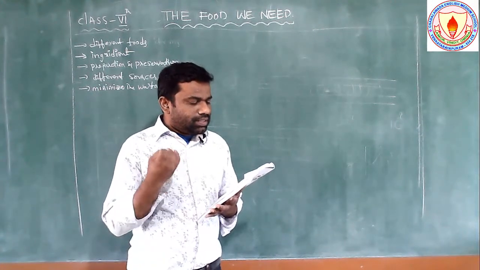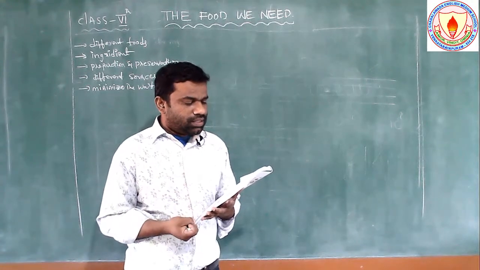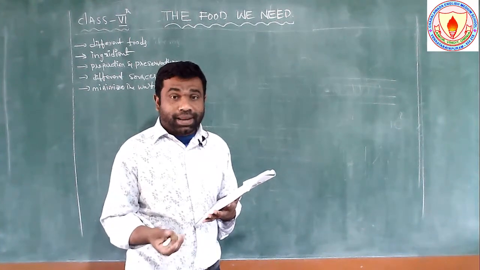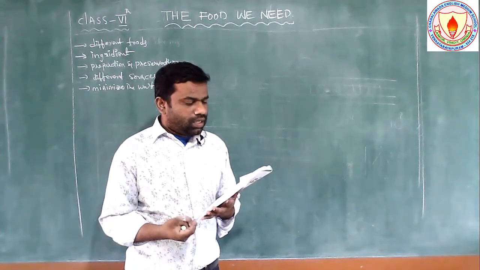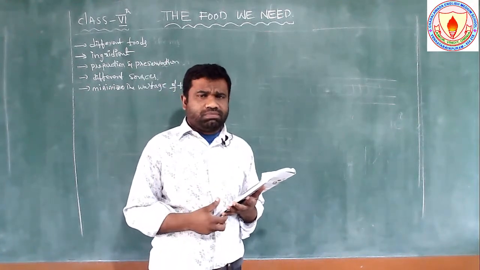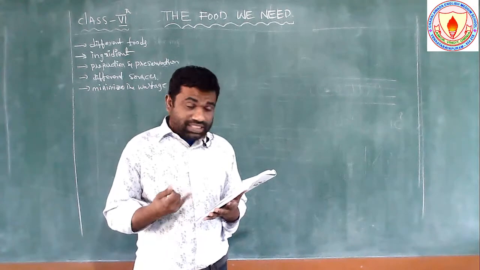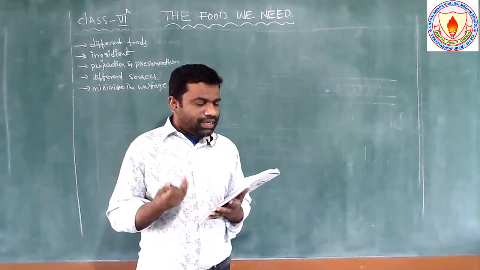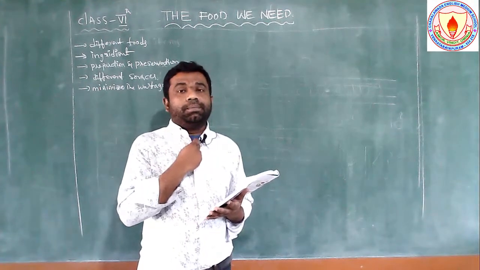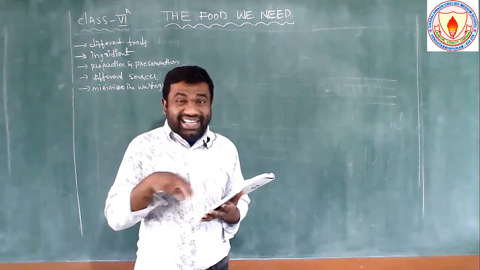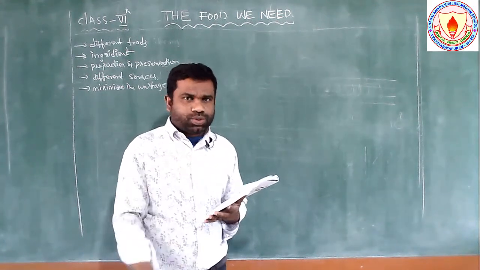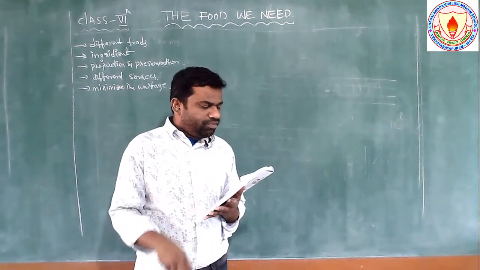And cereals and pulses, like dal, black grams, green grams. So vegetables, fruits, cereals and pulses we are taking from the plants. So plant is one source of the ingredients of the food material.